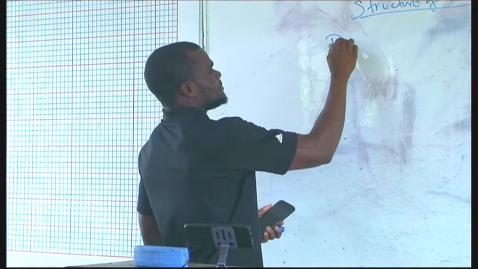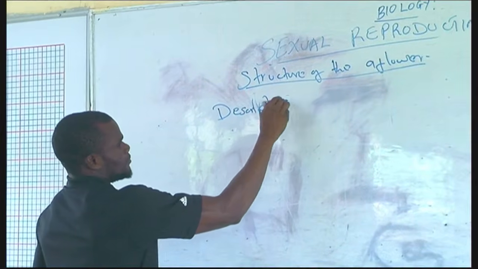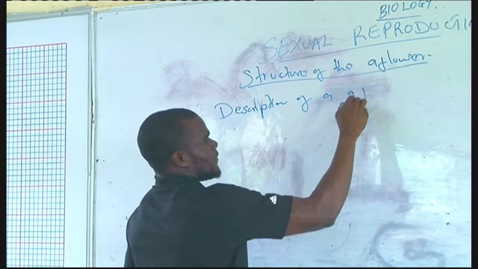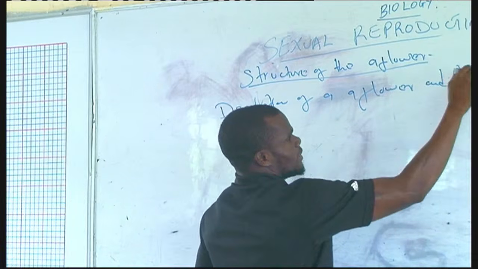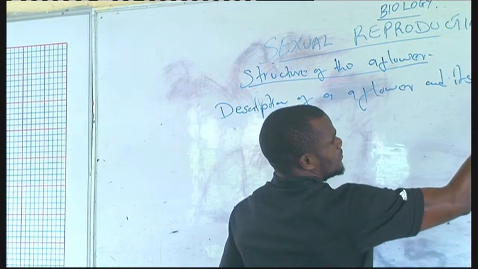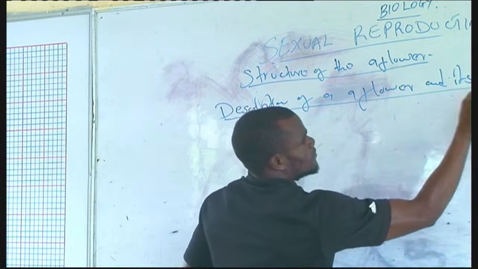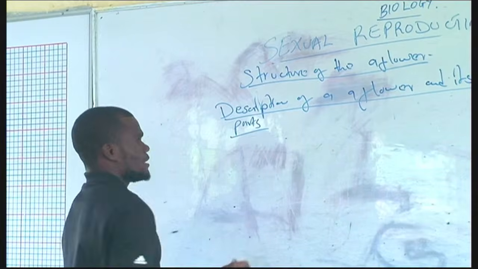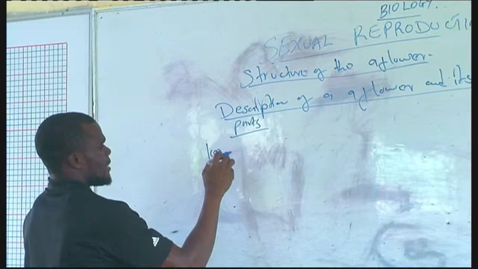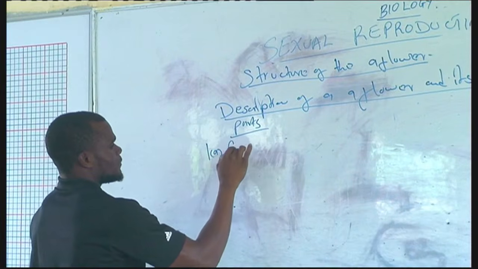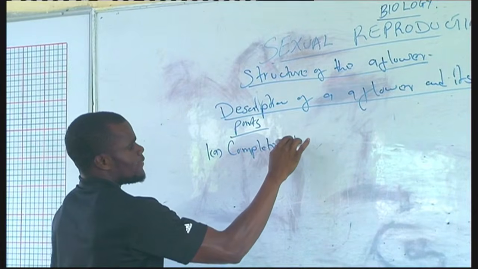So let's see the description of a flower and its floral parts. And I have said, here we are going to talk of number one, Roman 1, complete flower.